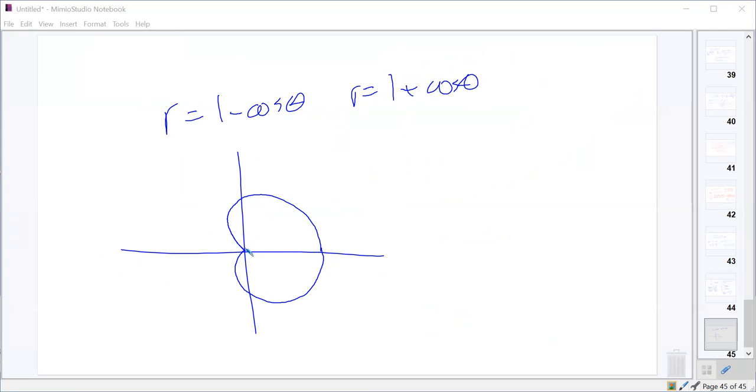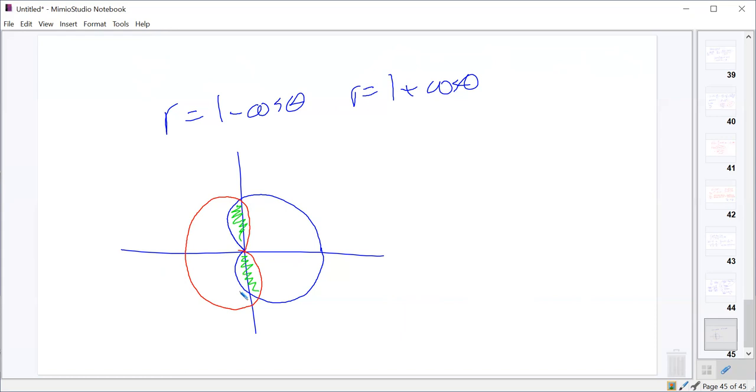And I'll try and sketch my graph correctly here. That's not so great looking, but they've shaded in these regions right here.